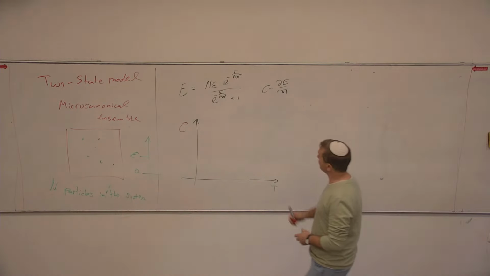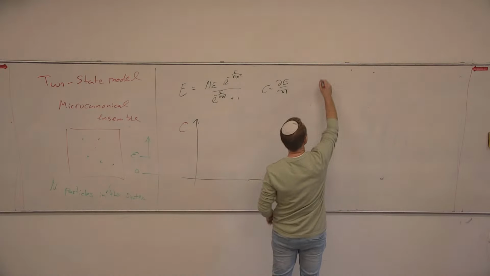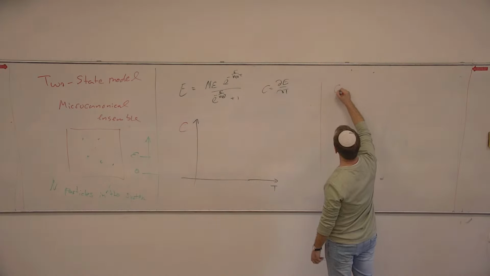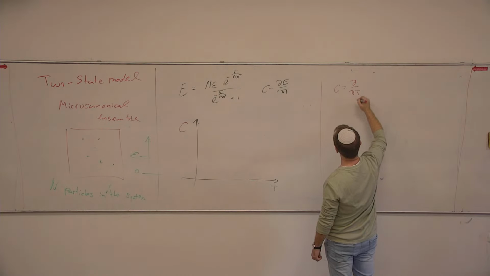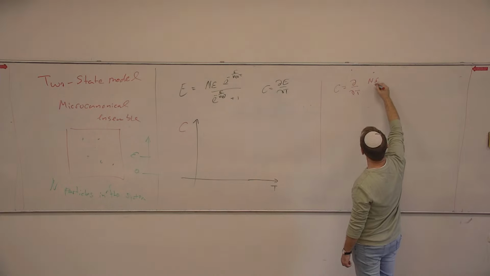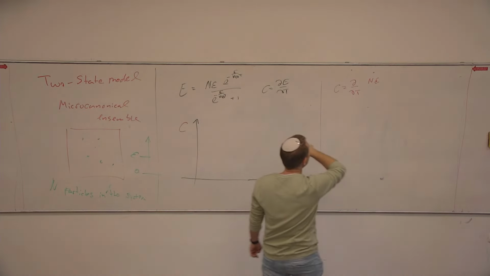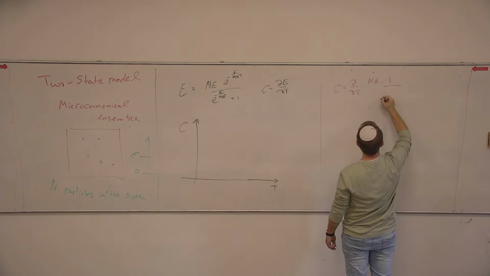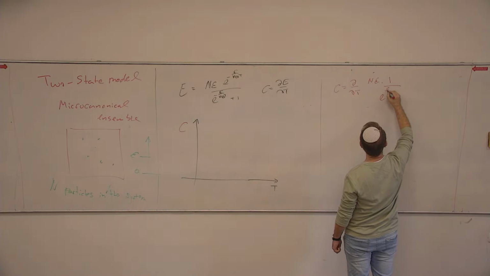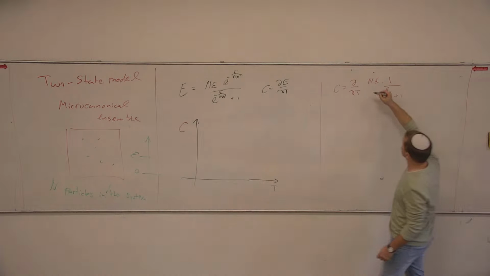What we want to do, E is provided, we have to take a derivative, right? So C equals d over dt of n epsilon, and let's rewrite it for simplicity as 1 over e to the power epsilon divided by k Boltzmann t plus 1. So this is the expression.